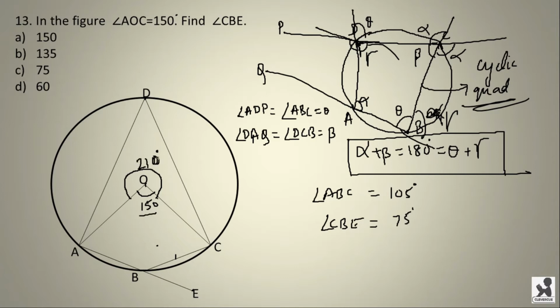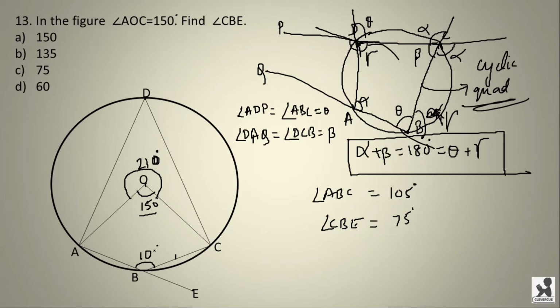This angle will be 210 degrees. So the angle made by AC with the major arc is 210 degrees, and on the minor arc it will be just half of 210.